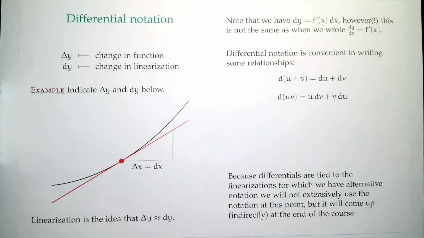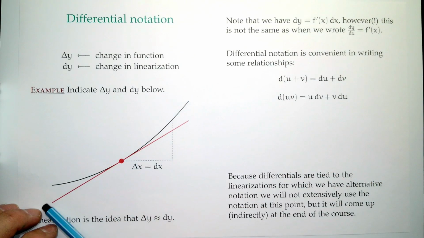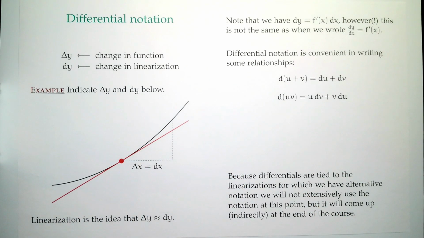When you see that delta, the delta corresponds to what's the change in the function. So the dy says what's the change in the linearization. In the picture below, I have my function and I have my linearization. You can tell which one is the linearization because it should be a line. It's in the word: linearization starts with the word line.